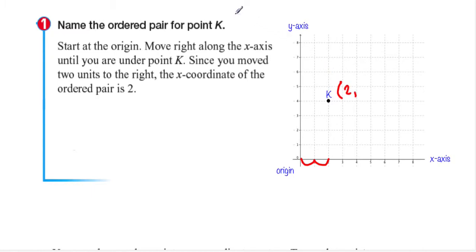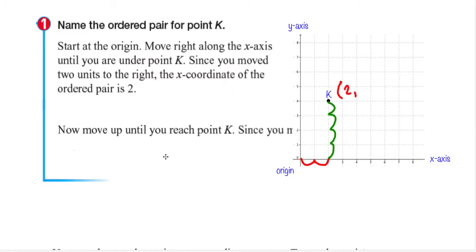Next step, now move up until you reach point K. So from 2, you move up until we reach point K. 1, 2, 3, 4 units until we reach point K.